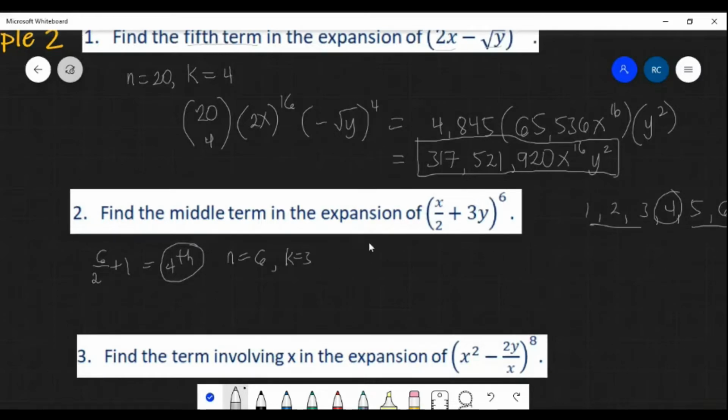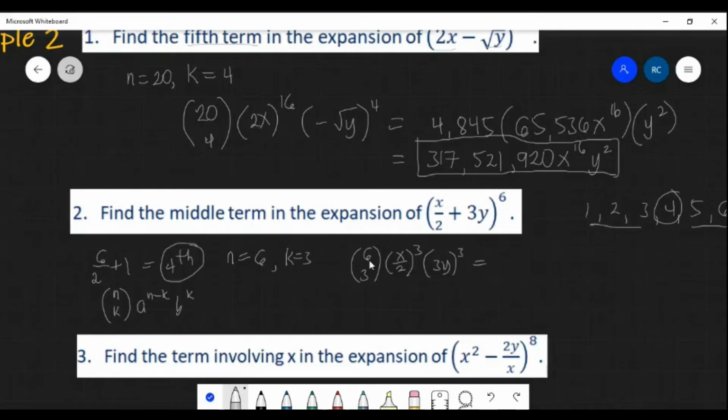Okay. Using the formula, n combine k times a raised to n minus k times b raised to k. Substitute yung ating given. So this would be 6 combine 3 times x over 2 raised to 3. Remember, 6 minus 3 is 3. And then 3y raised to 3.